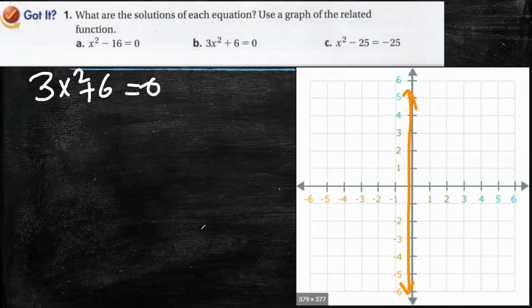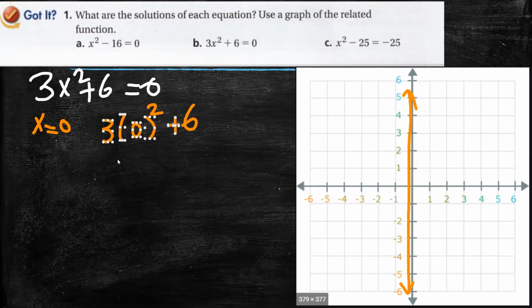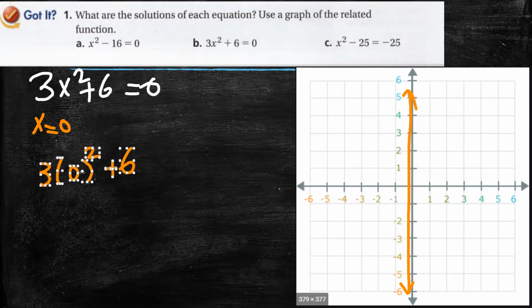Now, let's find the vertex. At x equals 0, you will say 3 times 0 squared plus 6. This is f of 0.